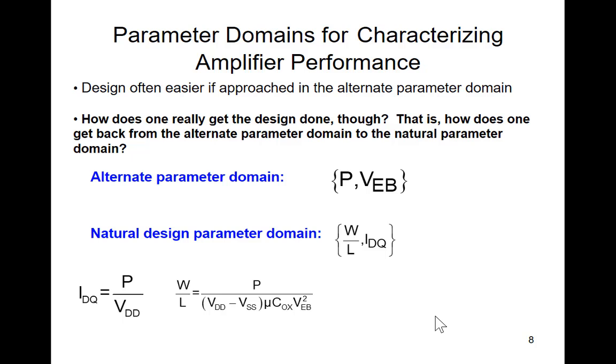So I can substitute for IDQ in this expression here, P over VDD minus VSS, and I get the expression that says P over VDD minus VSS is equal to mu Cox W over 2L times the excess bias squared. And I can solve this equation for W over L now.